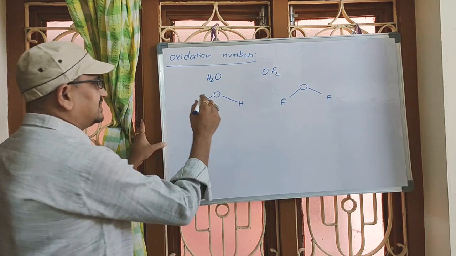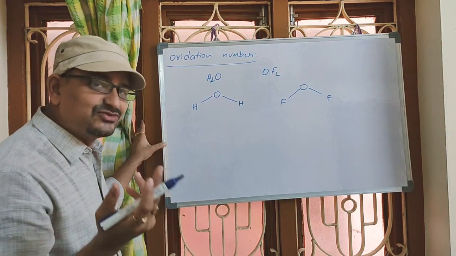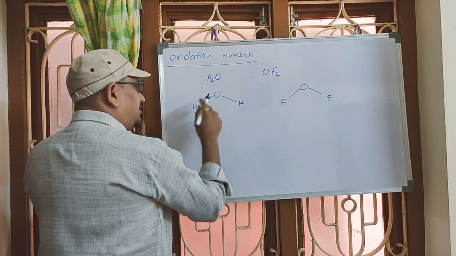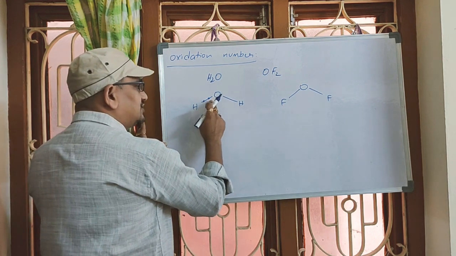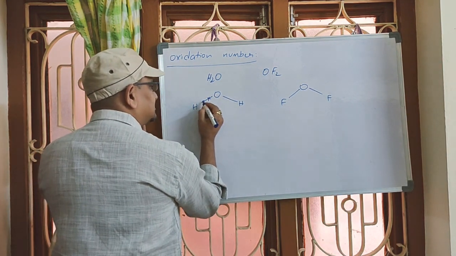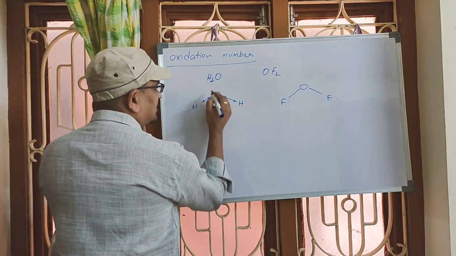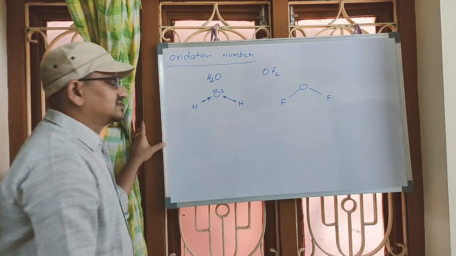Now here, among these two atoms, which is more electronegative? Oxygen. So, actually, hydrogen and oxygen were held by one covalent bond by sharing these two electrons. This electron belongs to oxygen, this electron belongs to hydrogen. Similarly, this belongs to oxygen, this belongs to hydrogen. Of course, oxygen has two lone pairs of electrons also.